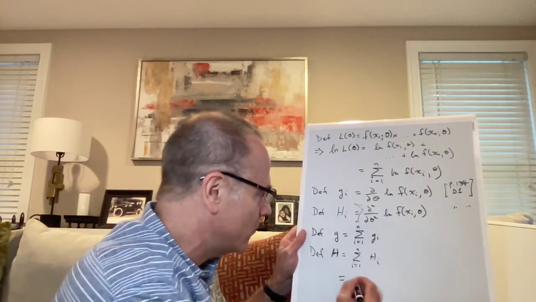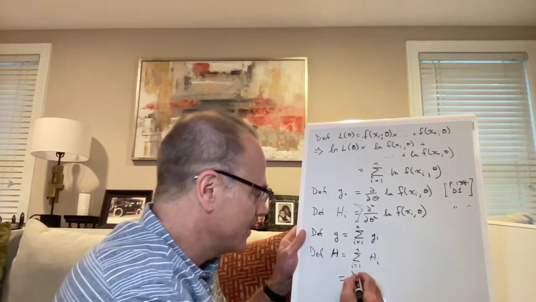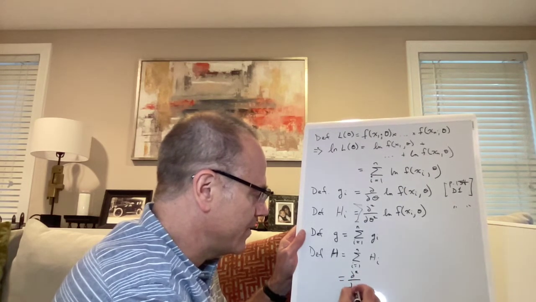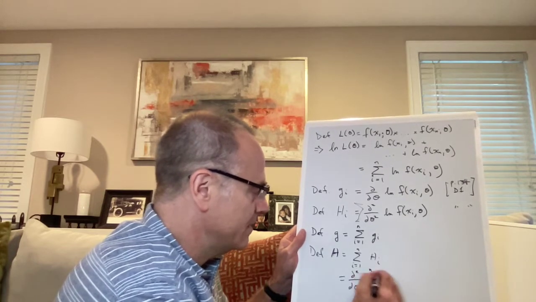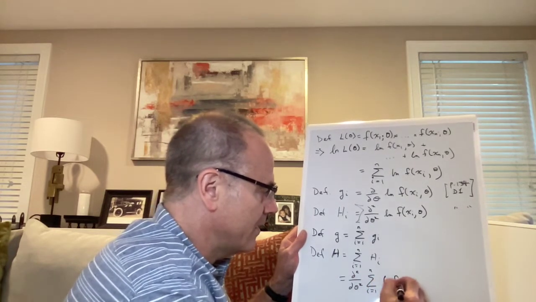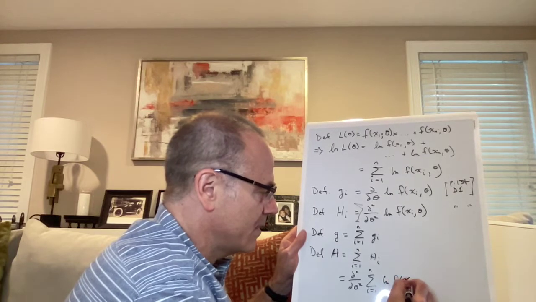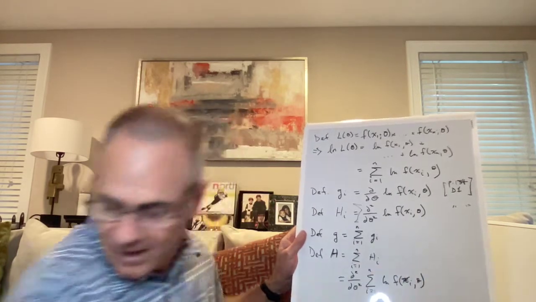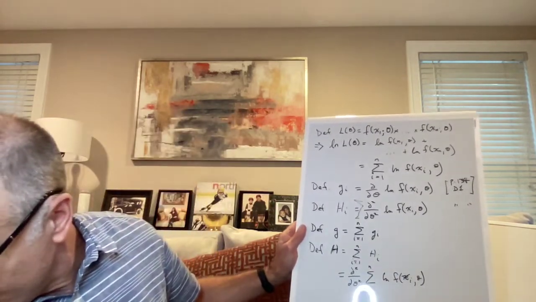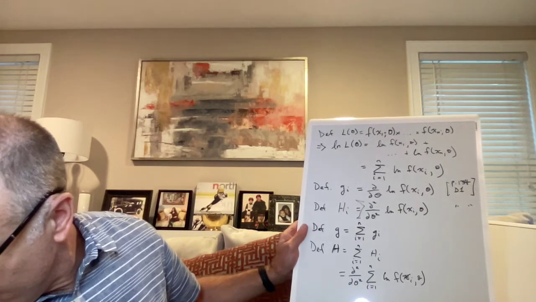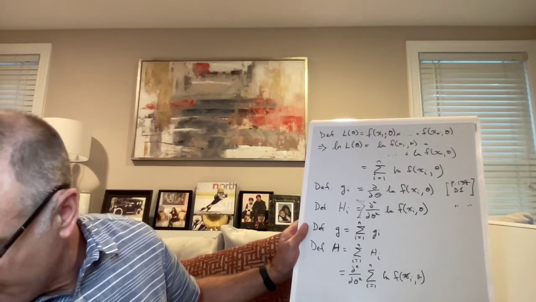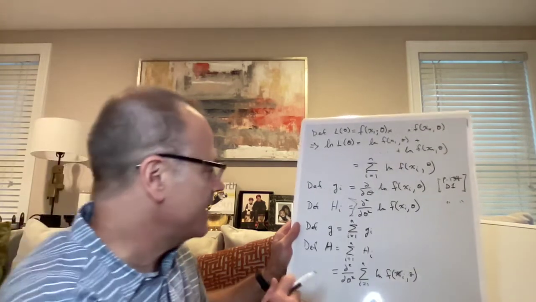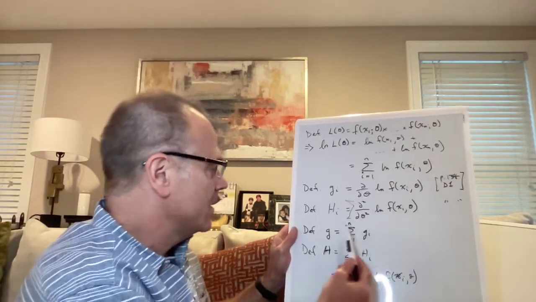So it's got to equal d squared d theta squared of the sum, i equals 1 to n, of log f of x_i given theta. Equals derivative of the sum.